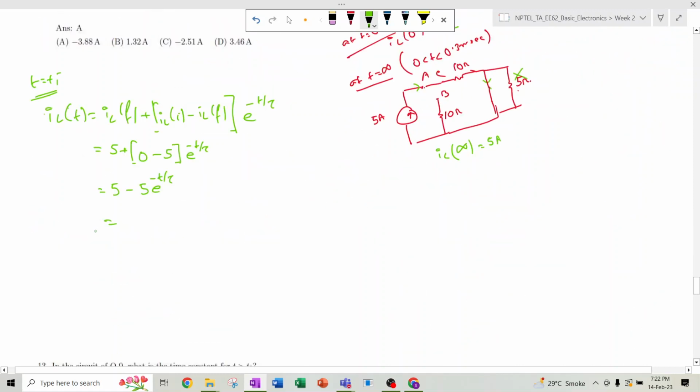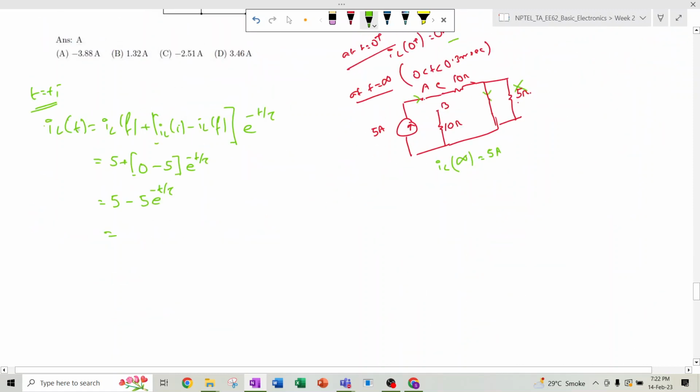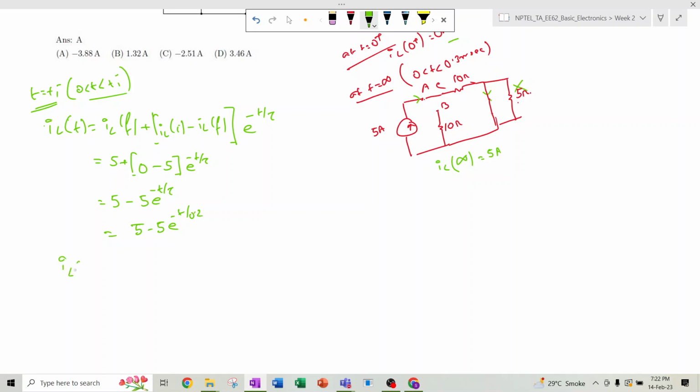So 5 minus 5 e to the power minus t by 0.2 millisecond. We need to find out at 0.3 millisecond what is the value of this thing. So it is 5 minus 5 e to the power minus 3 by 2.